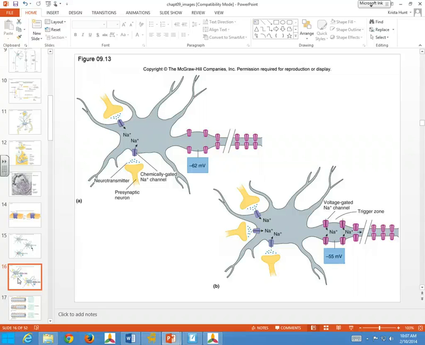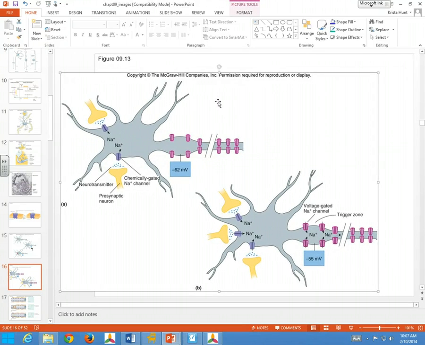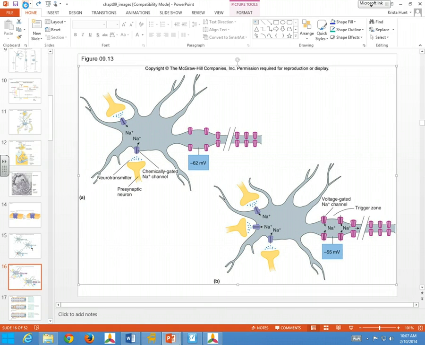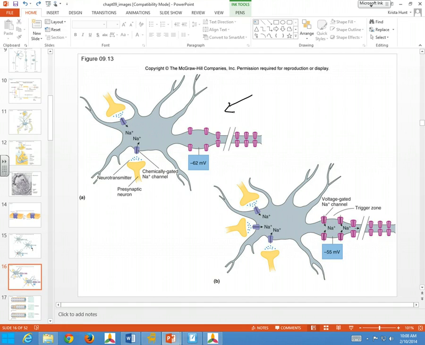The first diagram there is showing you a subthreshold stimulus. You see it only goes up to minus 62. A signal has come, right?